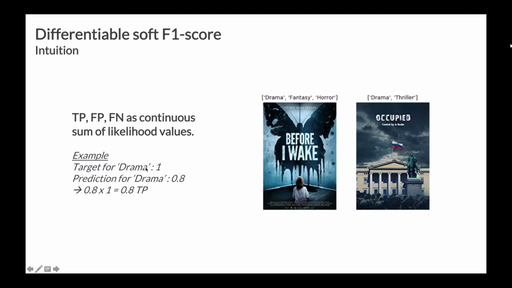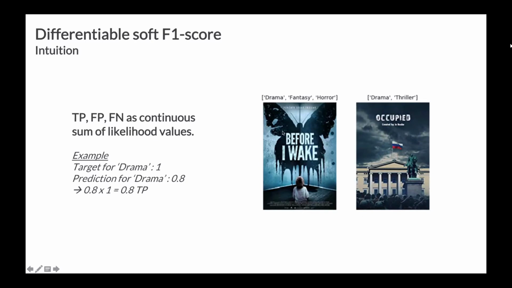For example, if the target is drama for a movie, and we have its poster here, if you know that it's drama and that the prediction for drama coming out of the system is 0.8 as a probability, you can estimate the true positive quantity as 0.8 times 1, which is 0.8. And so you have a smooth and continuous signal, and you can create a loss function based on the soft F1 score that is differentiable.